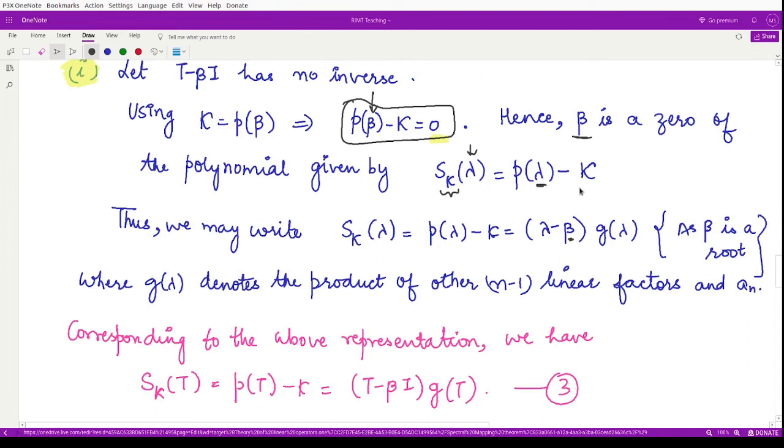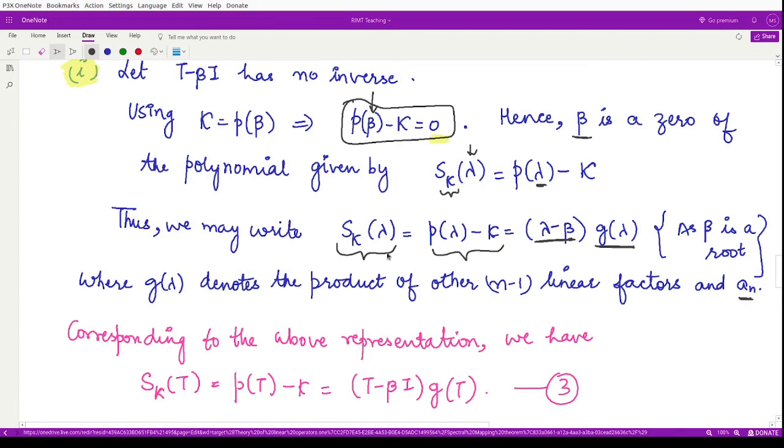Now because we found beta to be a root of this polynomial, we can write S kappa of lambda to be P of lambda minus kappa. We have one root for this polynomial, which is beta, therefore lambda minus beta is a factor. So we can write this as lambda minus beta into some other polynomial g of lambda, which is the remaining polynomial consisting of the other n minus 1 linear factors and the leading coefficient.